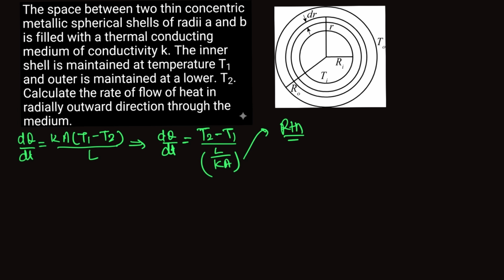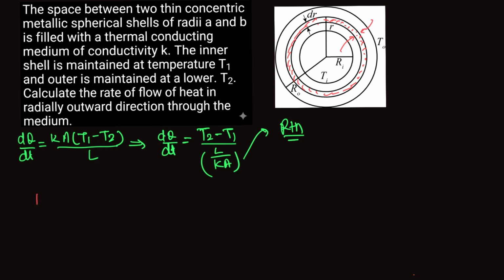If you see this diagram here, I am selecting one strip, and the thickness of this strip is dr. So the lower side temperature and upper side temperature, meaning this temperature and the outside temperature, there will be a difference.